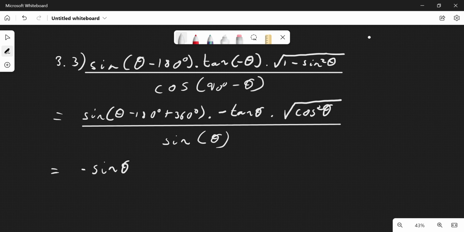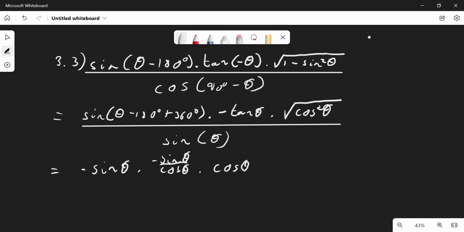theta times, I like to spread these tans as soon as I can, so I'm going to get a sine theta over cos theta, and then this is multiplied by cos theta, not cos squared, cos theta.